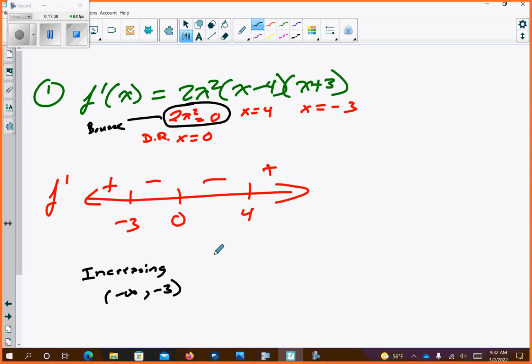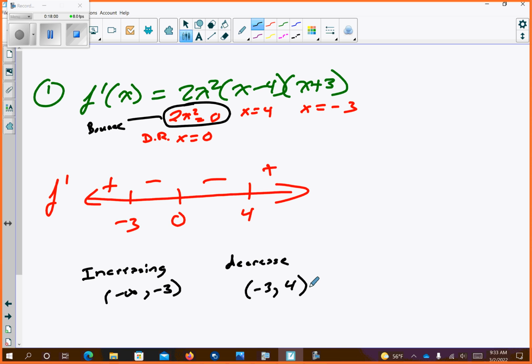So it's then decreasing from negative 3 all the way to 4.